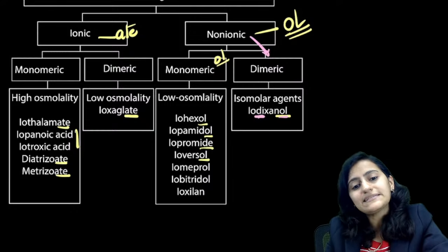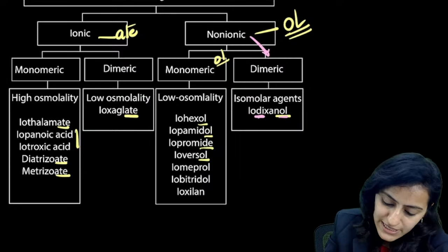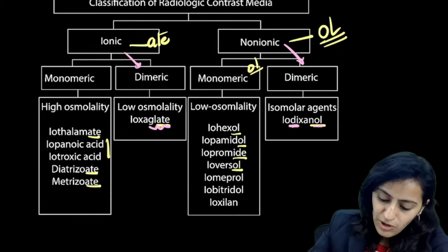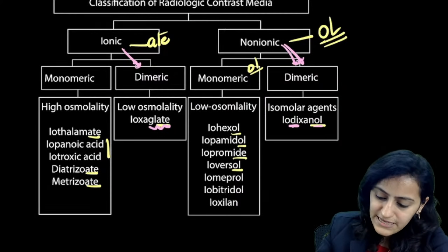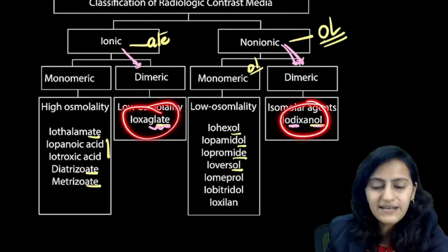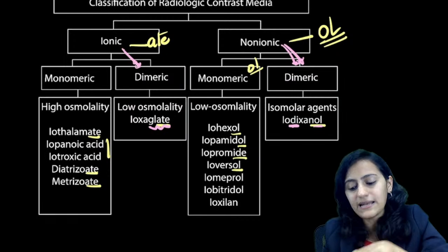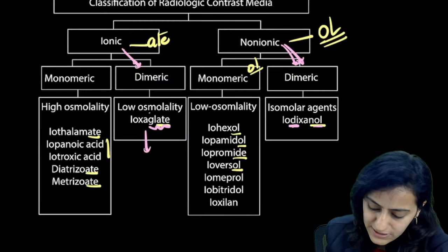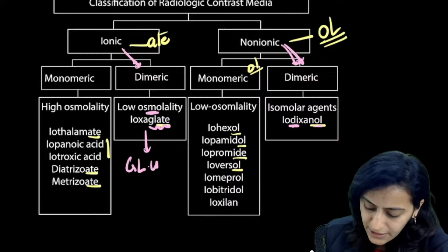If you look at the ionic dimer, there is one example, that is ioxaglate. So ionic dimer, non-ionic dimer, they basically have one example each, ioxaglate and iodixanol. So ioxaglate you can remember as ioxaglate, the Gl, glue.